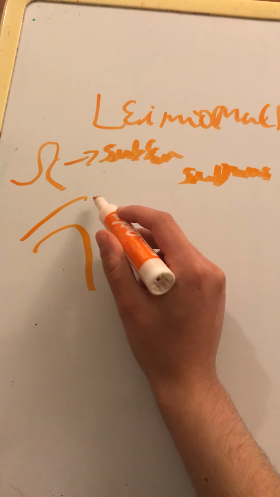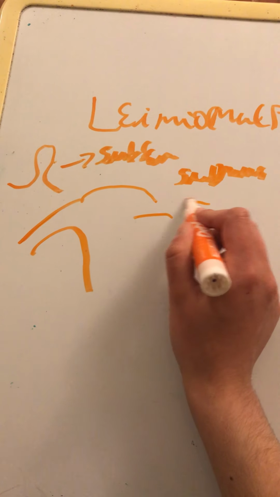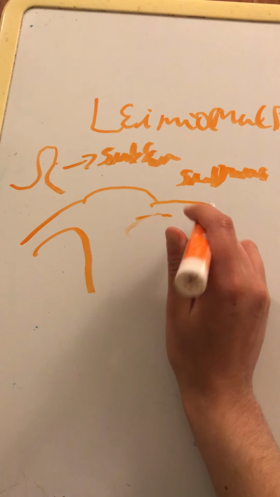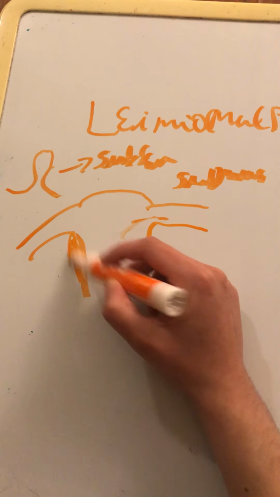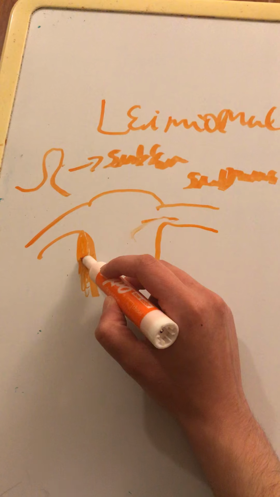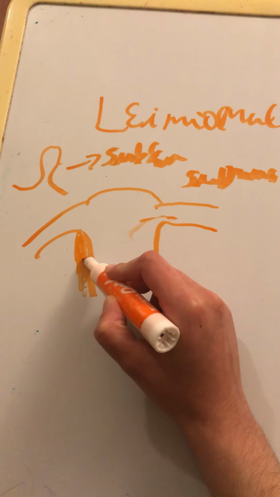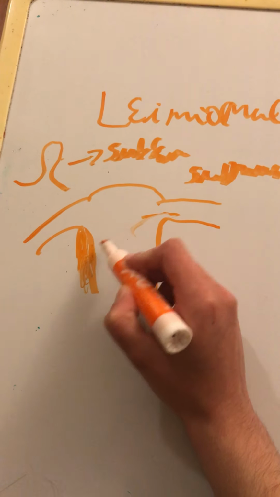So here we have the uterus, something like this. Remember, the serous is the outermost layer, so it could be subserous, just beneath the serous, just beneath this submucous, or intramural.